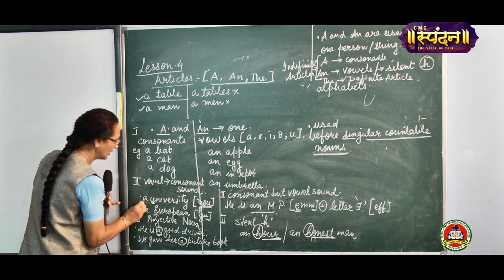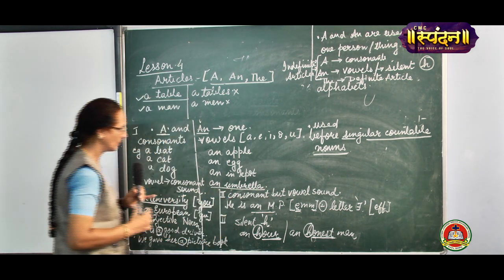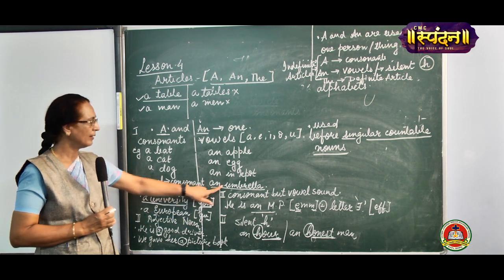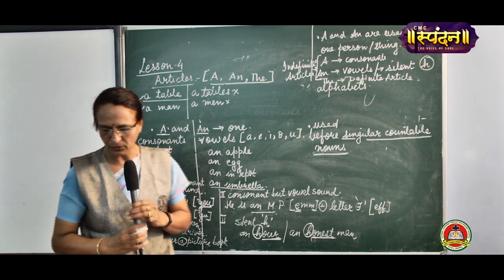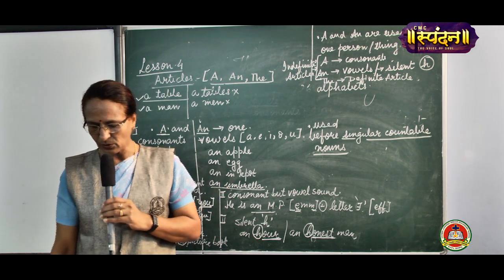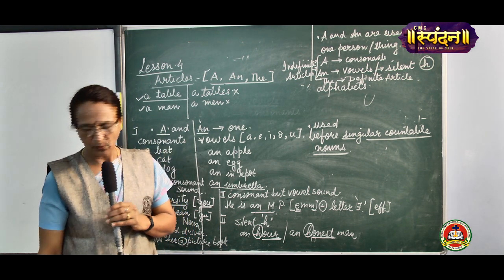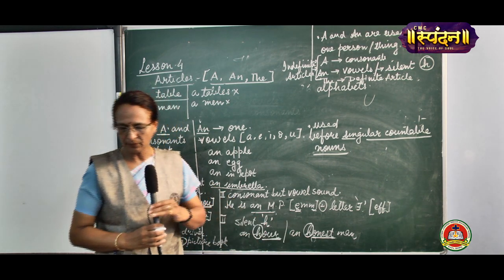Both the words are beginning with U. Here it is pronounced as Y-U-U. Here umbrella. Is that clear to all of you children? Now an is used before a word that begins with H, where H is silent. This again we have done.